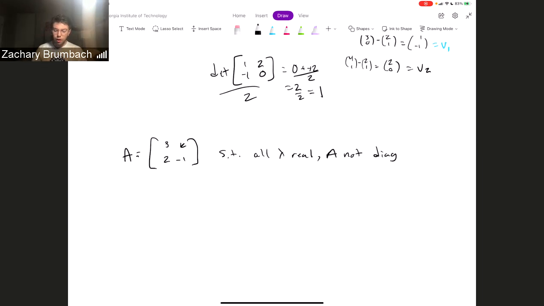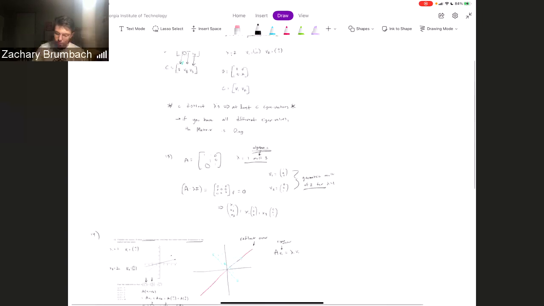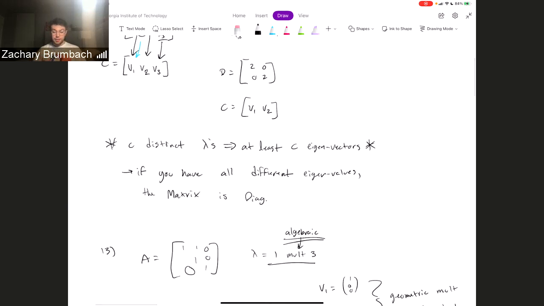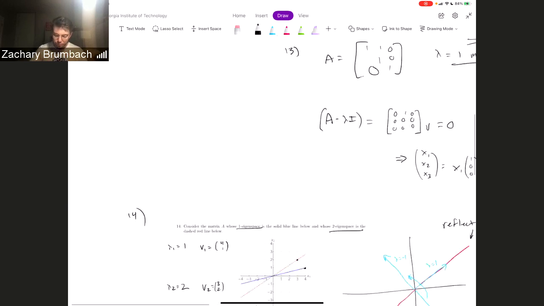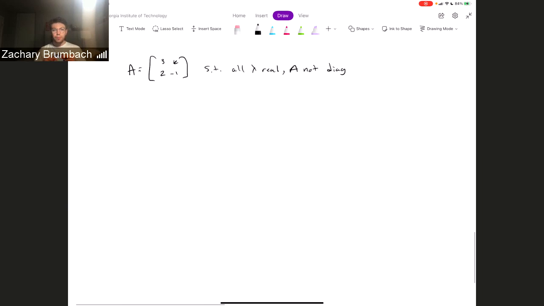Remember this statement from earlier: distinct eigenvalues give you distinct linearly independent eigenvectors. So if we had two distinct eigenvalues, this would be diagonalizable. In this case, we know we have a repeated eigenvalue.